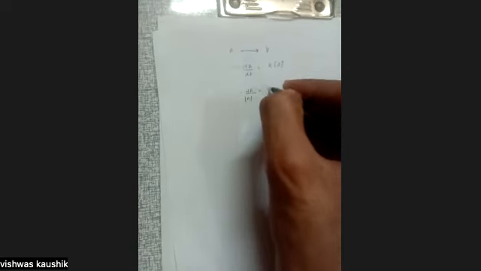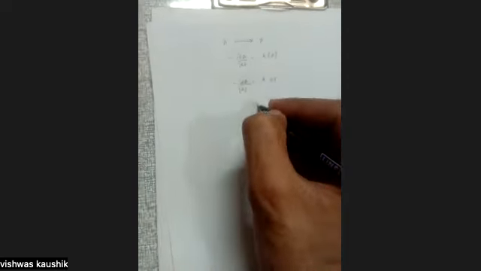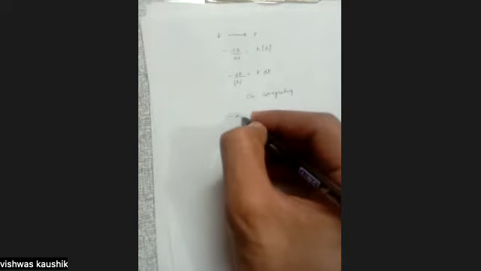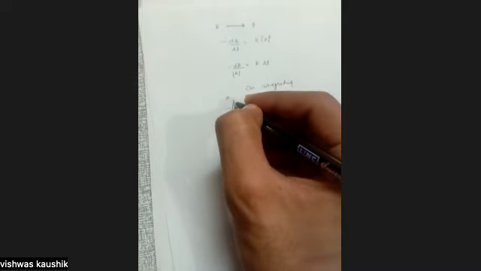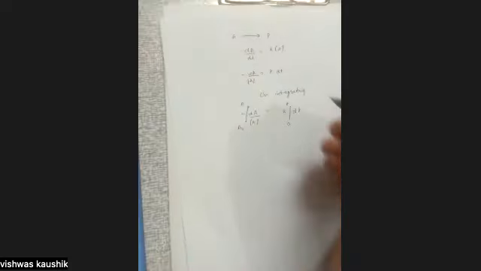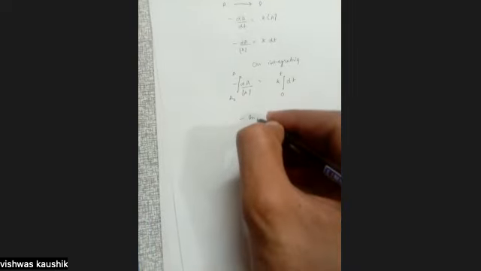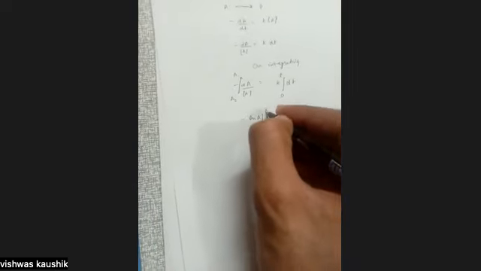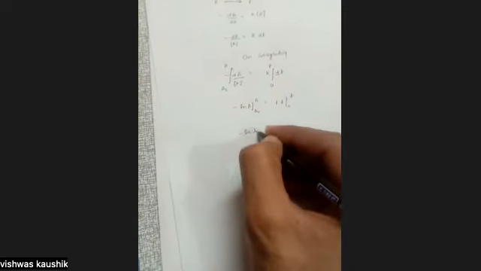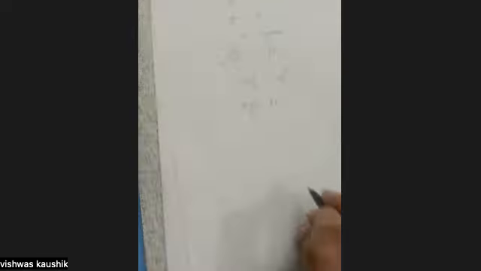On integrating, minus dA upon A from initial concentration A naught to final concentration A will be equal to k dt from time t is equal to 0 to t is equal to t. So minus ln A upon A naught will be kt, or we can say that ln A naught upon A is equal to kt.